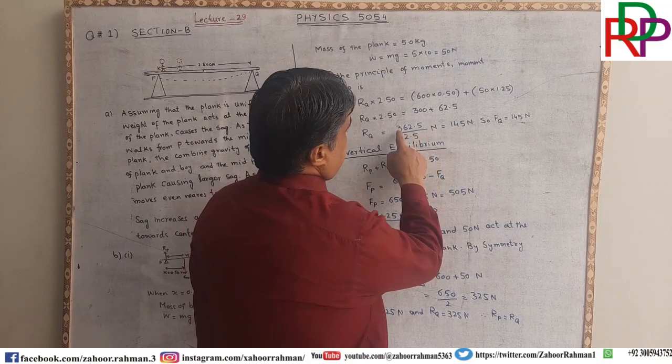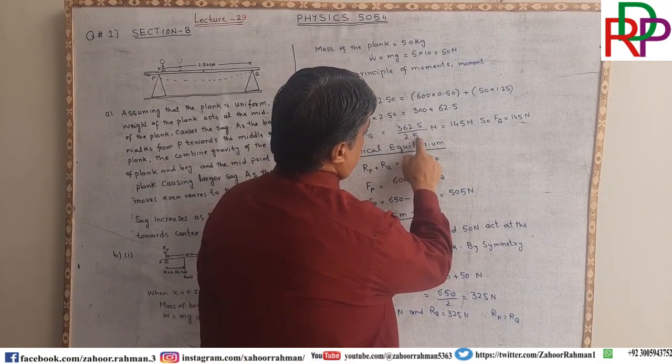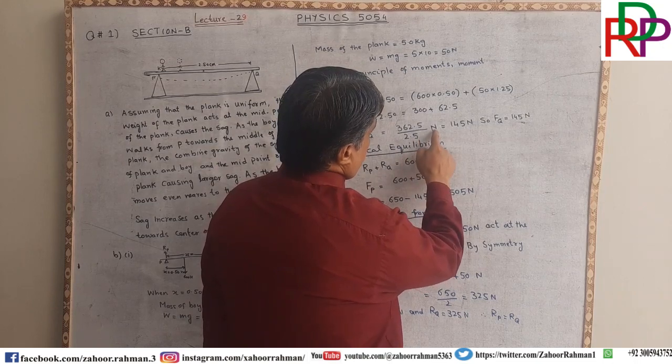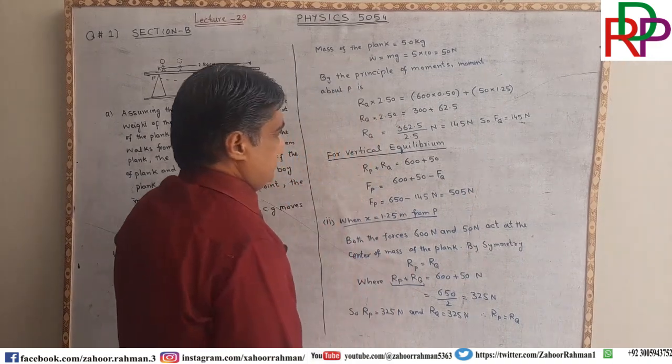When we divide 362.5 by 2.5, it becomes 145 Newton.